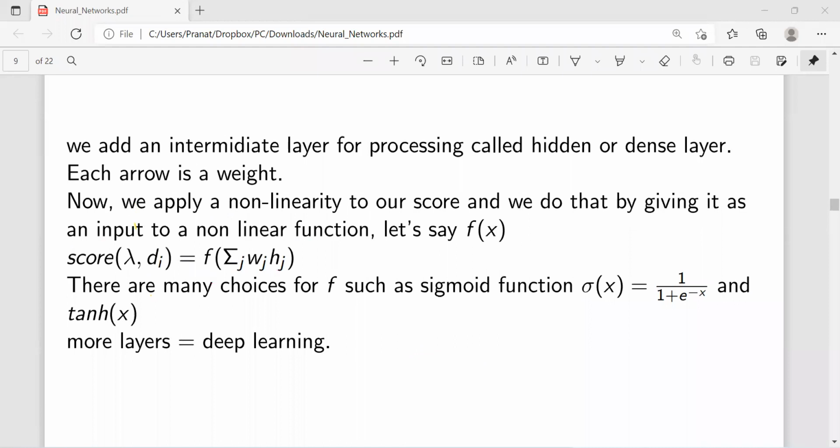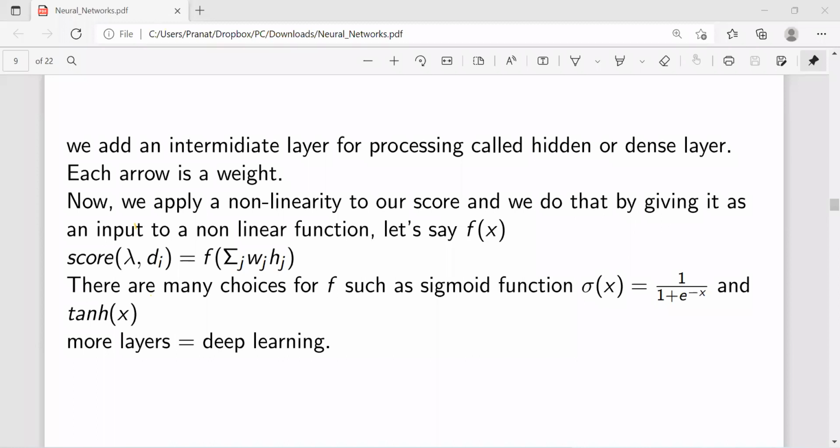This can be any non-linear function. So F has many choices, such as the sigmoid function, which is given like this. It is its mathematical form. Another choice is the hyperbolic tangent of X, but don't worry about this. We won't be talking about it at all. We'll just be talking about the sigmoid function.